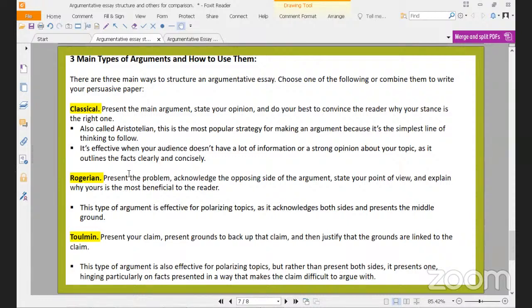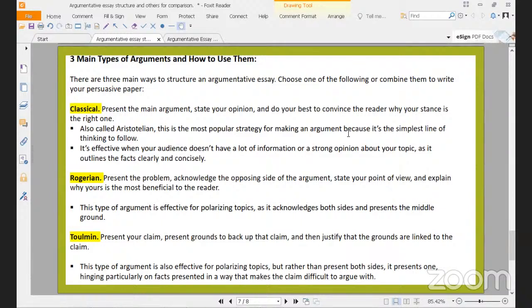And then we have the next one, the Rogerian. How do you say? Rogerian: present the problem, acknowledge the opposing side of the argument, state your point of view, and explain why yours is the most beneficial to the reader.